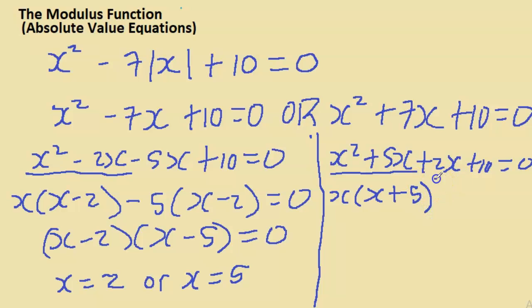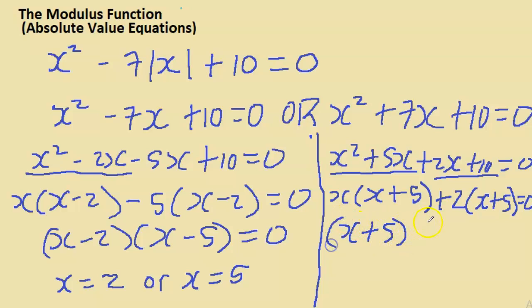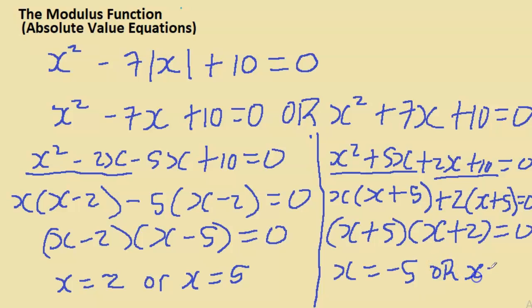And the second group, factor 2. So you have x plus 5 in the bracket. Alright, so x plus 5, x plus 2. And you equate both brackets to 0 and solve. You get x equal to minus 5, x equal to minus 2.